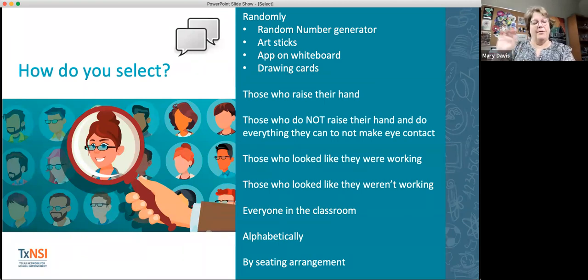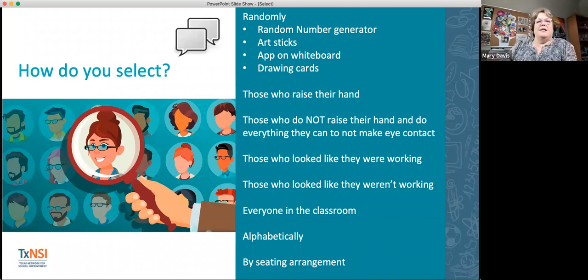And an app on the whiteboard that maybe spins a spinner, drawing a card. I used to do that a lot. So any way that you talked about randomness goes into that category. I sometimes picked on kids that did raise their hand. I sometimes picked on kids that did everything in their way to keep their eyes off of me and did not raise their hand.